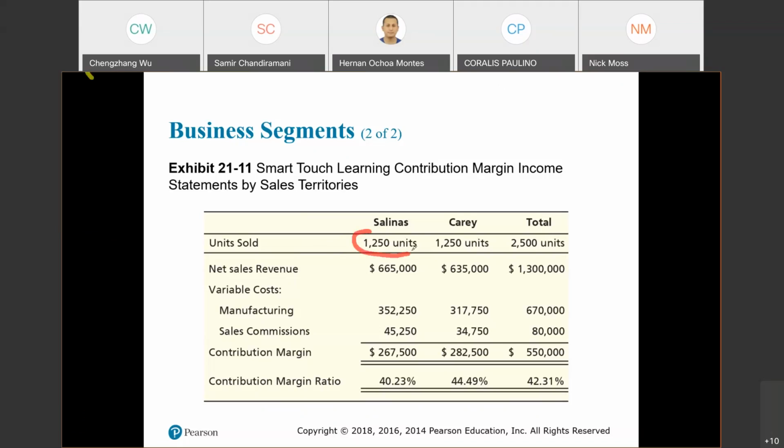Both representatives made sales of the same amount of units, 1,250, but it is a mix of both models, either premium or standard.